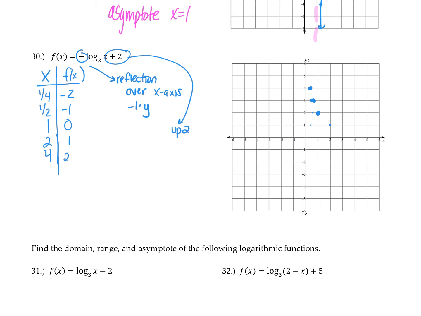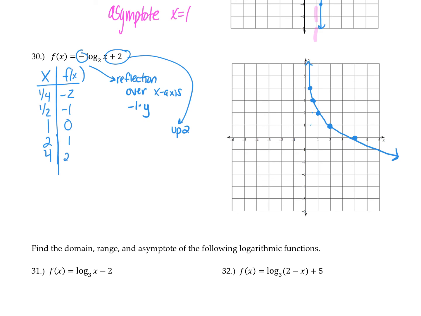(2, 1), reflected over the x-axis, puts me down in the negatives, and then I'm going to go up 2 from there, so it'll actually put me back at (2, 1). And then (4, 2), reflect that over the x-axis, puts me at (4, -2), but then I'm going to go up 2, so it's going to leave me on the axis. So my graph would look something like this.